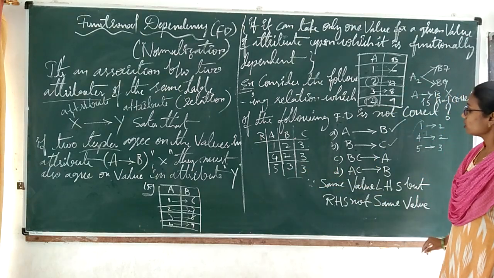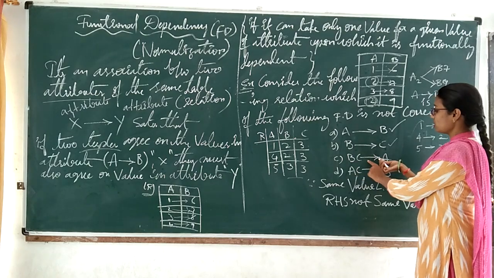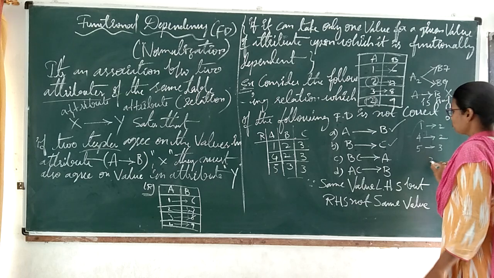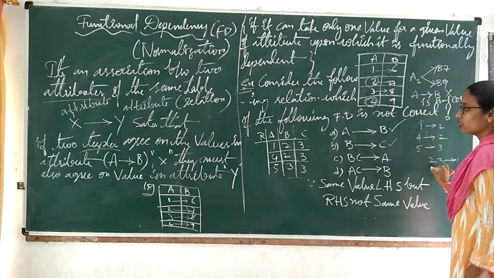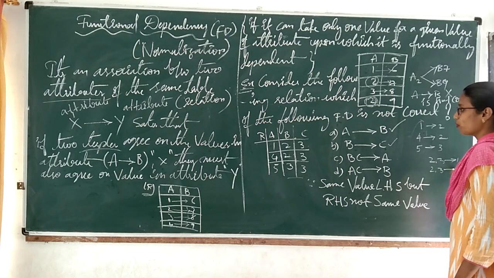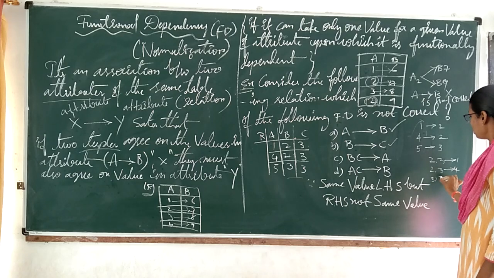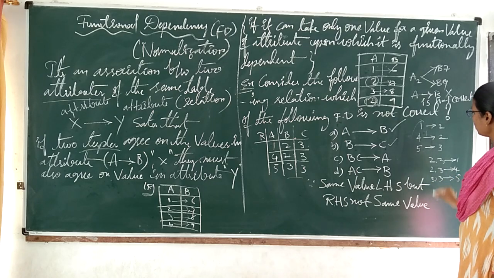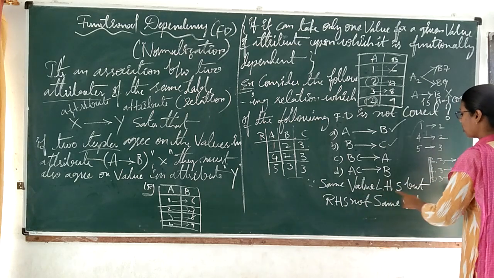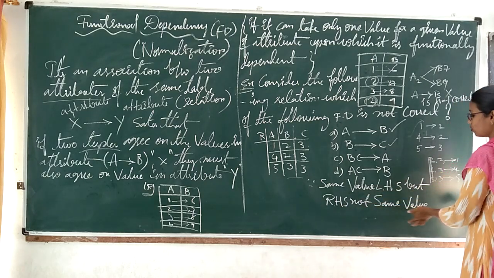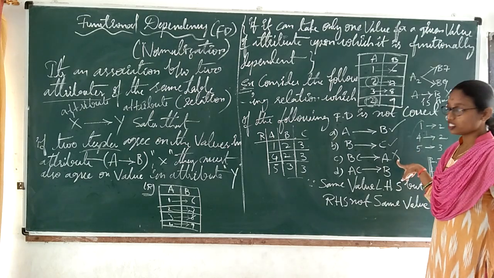So that is also correct. Then next, BC determines A: 2,3 determines 1, 2,3 determines 4, and 3,3 determines 5. Here the values are repeating on the LHS, but the RHS is not the same value. Now it is not true. It is not a functional dependency.